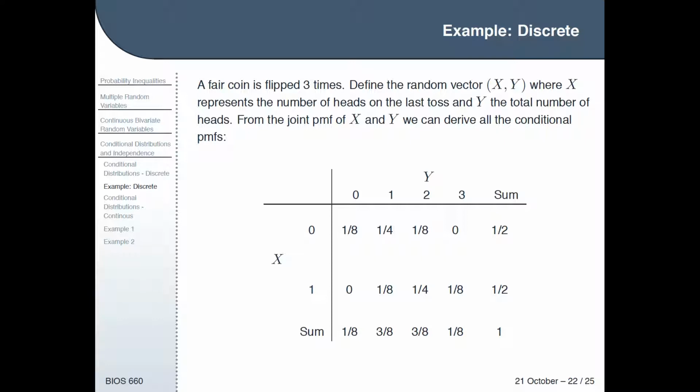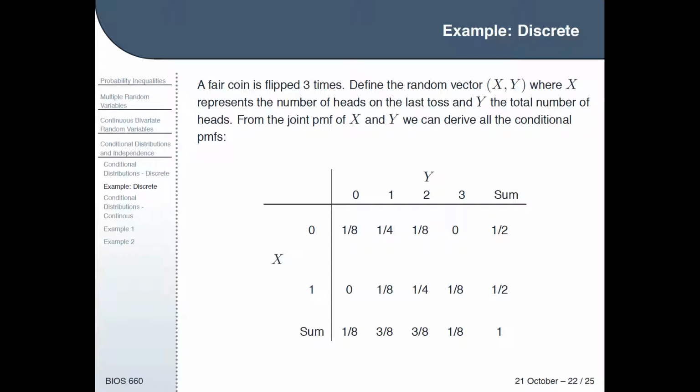For example, if you want to find the probability that x equals 0, given that y equals 0, that would be 1/8 divided by 1/8 equals 1. Again, agrees with our intuition. If we're given that the total number of heads is 0, then with probability 1, the last toss has to be 0.